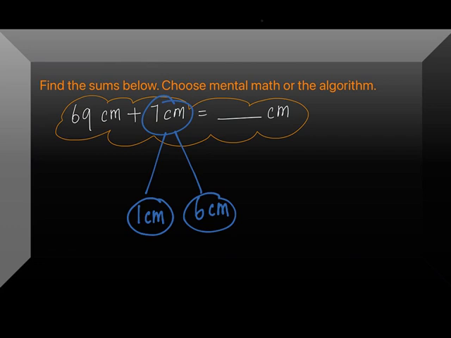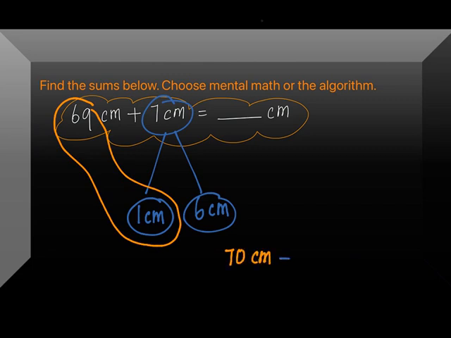This 1 centimeter we can add to the 69 centimeters and it will become 70 centimeters. And the remaining 6 centimeters, let us add to the 70 centimeters. When we add 70 centimeters and 6 centimeters, we get 76 centimeters. So this is an example of mental math.